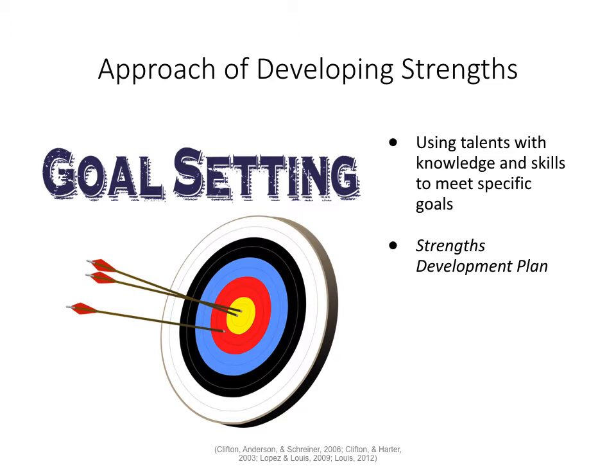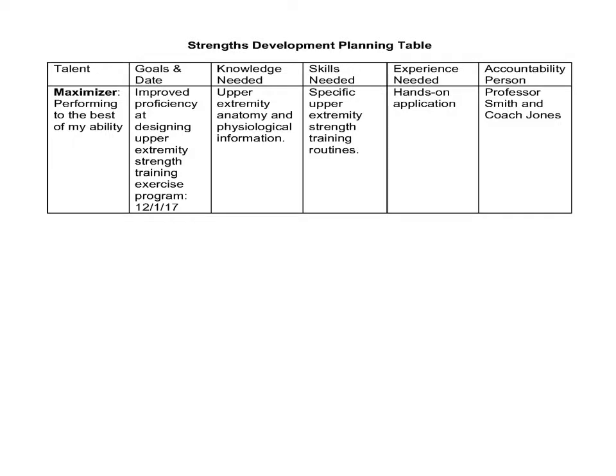So let's look at a strengths development plan to help us meet a particular goal. In the strengths development planning table, you identify a specific talent. I like to have students describe how that talent is portrayed in their own life.